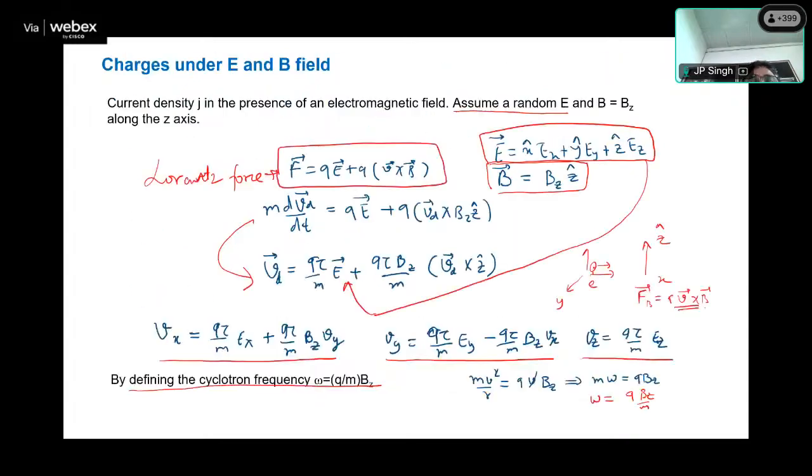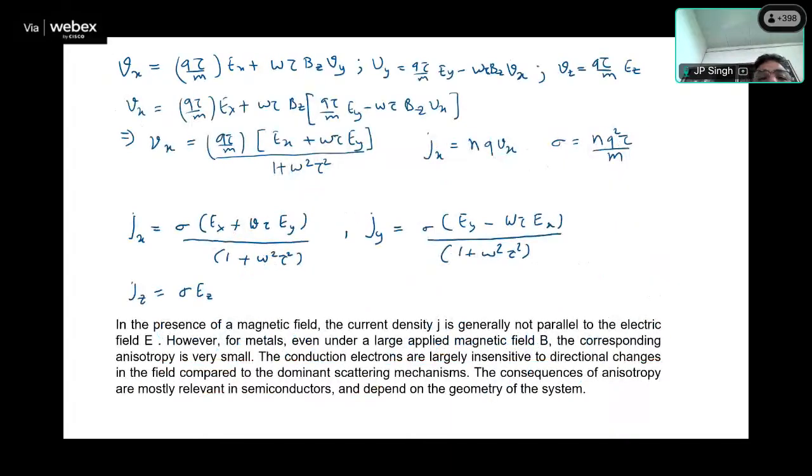Now what we will do is, in these 3 relations 1, 2, and 3, I will just use this term omega instead of q by m into Bz. That's it. So this is my 3 relations again, which I just wrote.